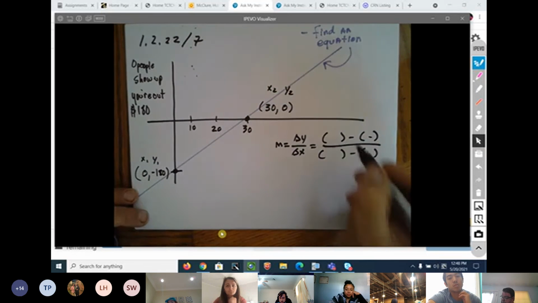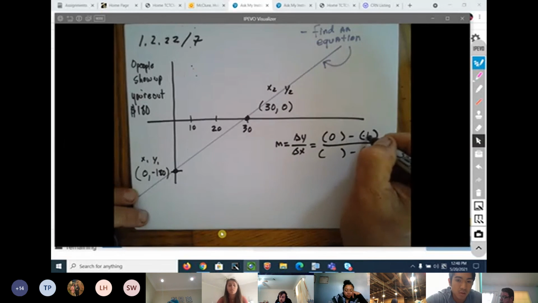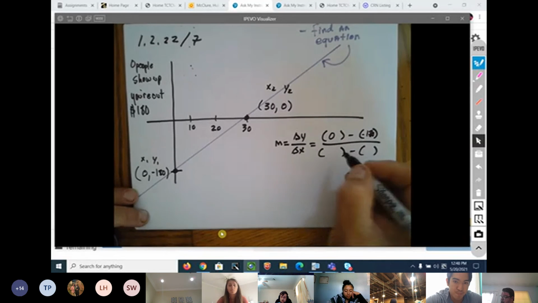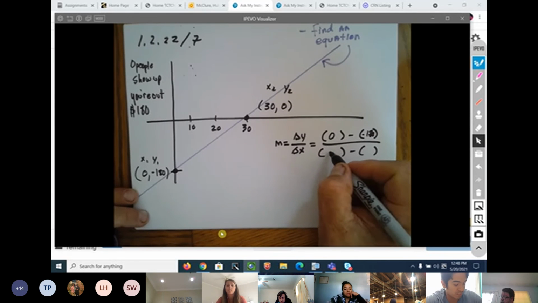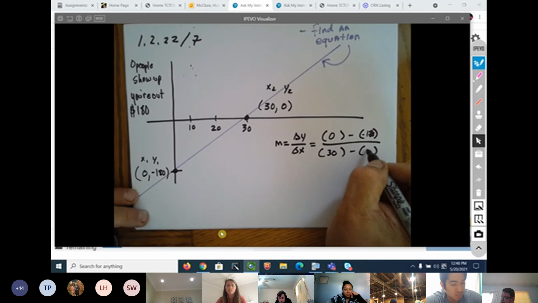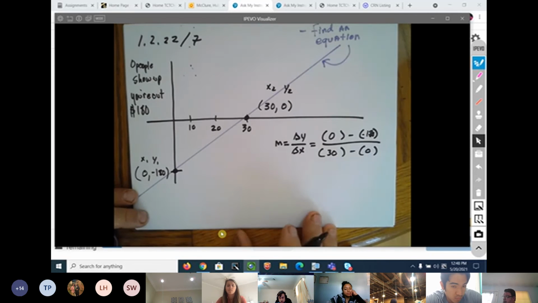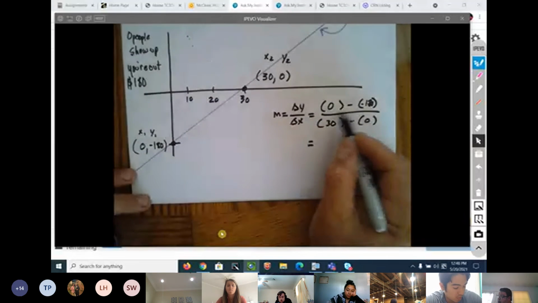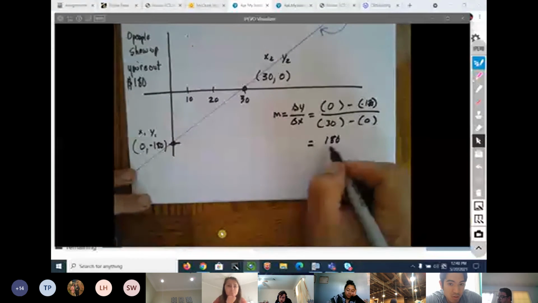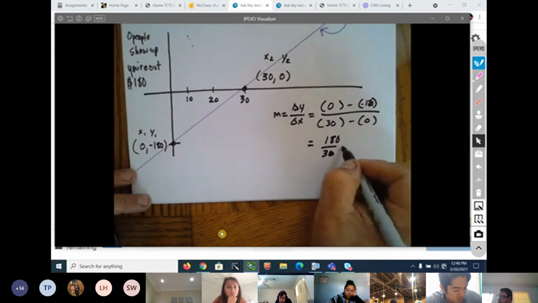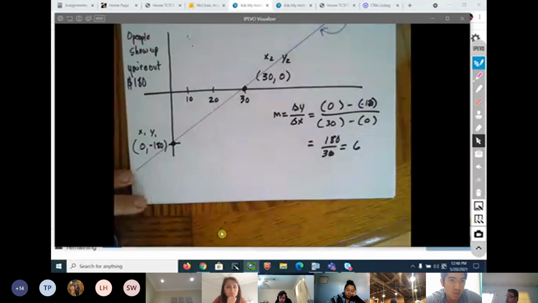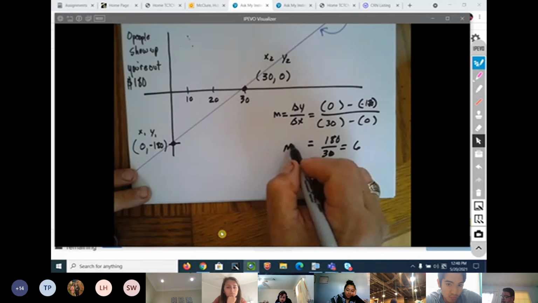So 0 minus negative 180 over 30 minus 0. I get 180 divided by 30, which is equal to what? 6. So M is equal to 6.